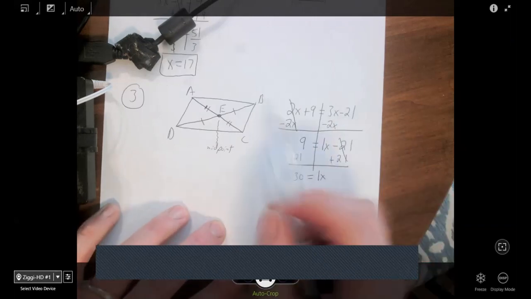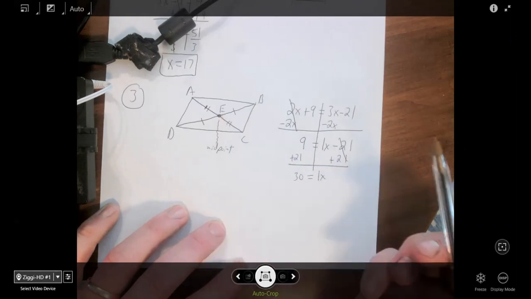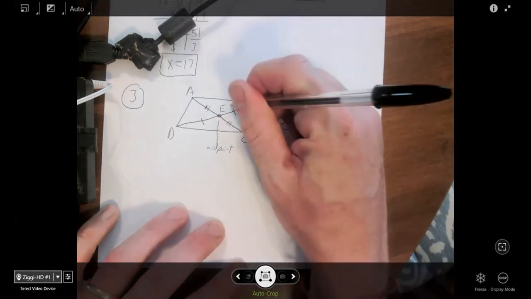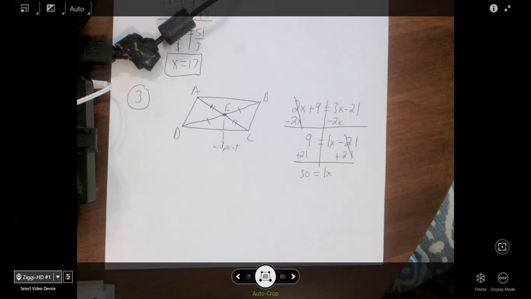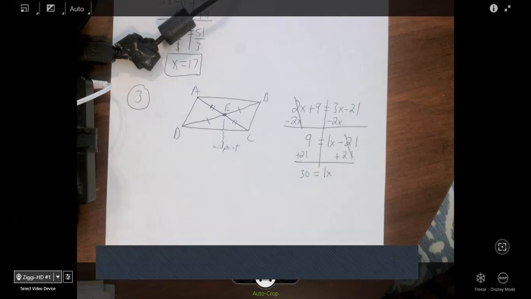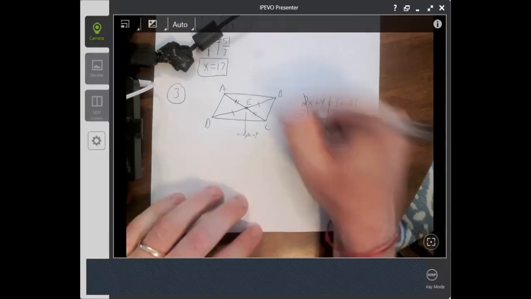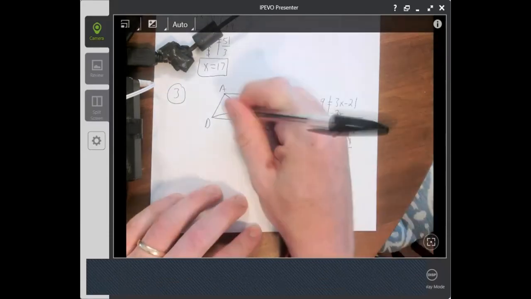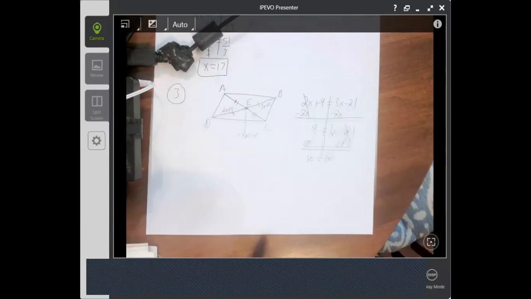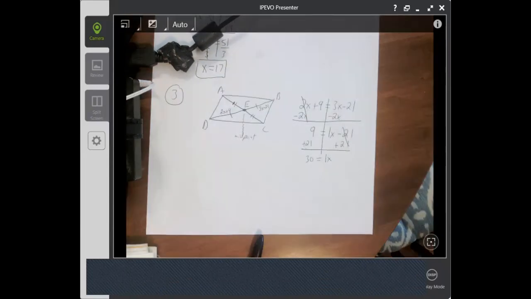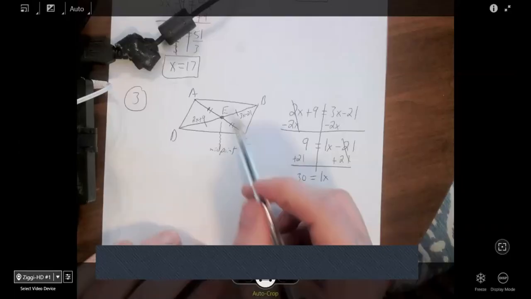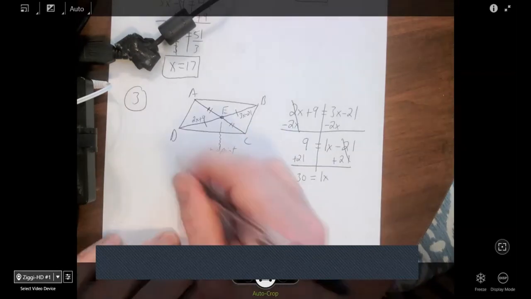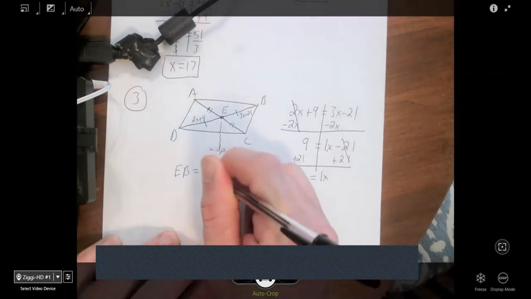And for segment EB, which was 3x minus 21, segment ED was 2x plus 9. And since those are both congruent segments, it doesn't really matter which one we use because segment EB has the same length as segment ED.